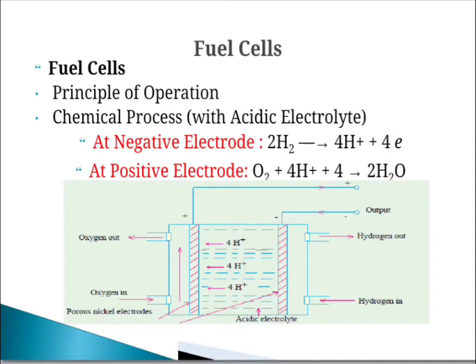The negatively charged electrons provide the current through the wire to do work. If alternating current is needed, the DC output of the fuel cell must be routed through a conversion device called an inverter.